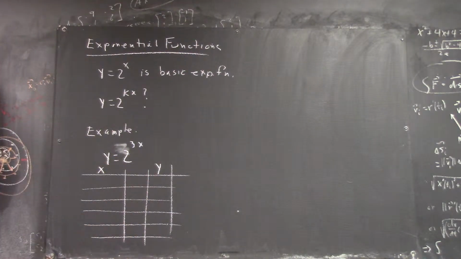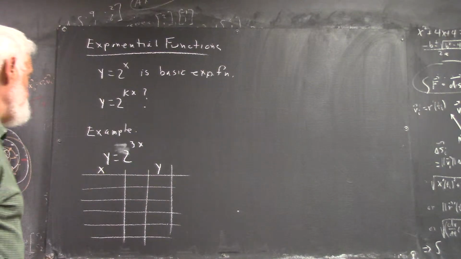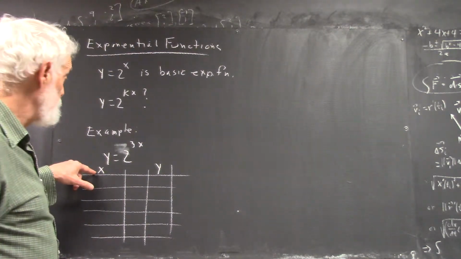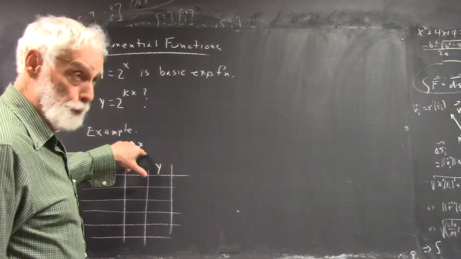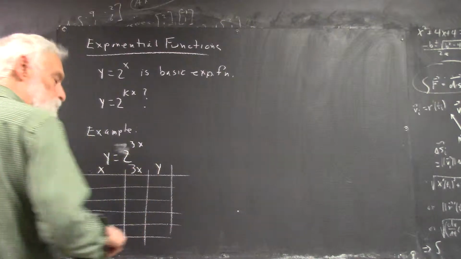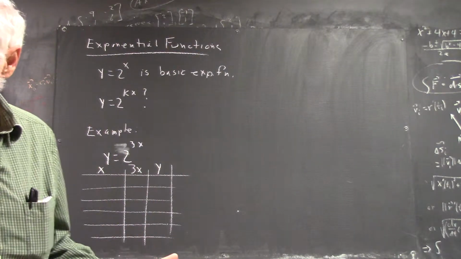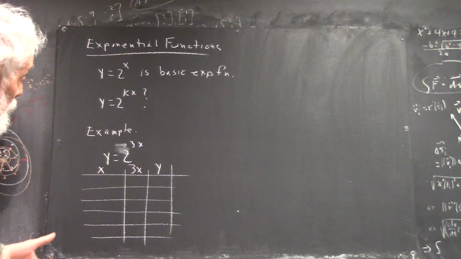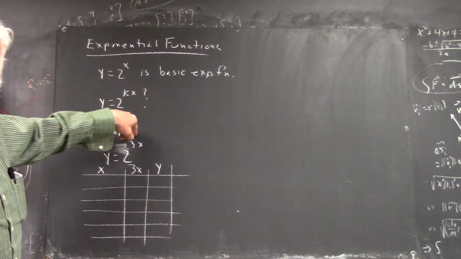In order to make a table, I don't want to have to figure out what to put in for x right off. I'm just going to put in the values of 3x. So this column is going to be values of 3x. And what values do I want to use for 3x? Well, they're the values I'm going to put into 2 to the 3x, right?